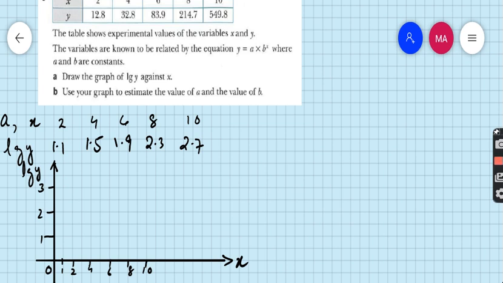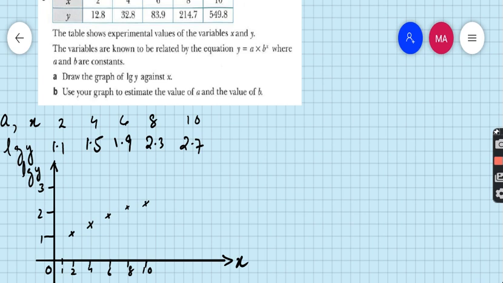So when x is 2, y is 1.1. So 2, 1.1 is the first point. 4, 1.5 is the second point. 6, 1.9, just below 2. 8, 2.3 should be over here, and 10, 2.7 should be over here.